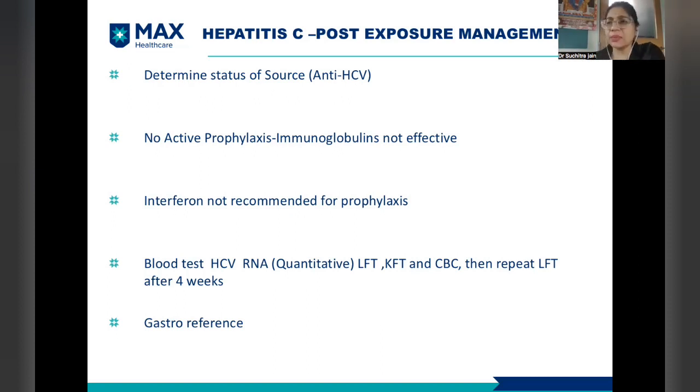He might land up with hepatitis C or not. If the levels remain the same, say LFT and KFT are not raised, we are sure that the healthcare staff is not landing up in the hepatitis C group. So that is what is important to us.